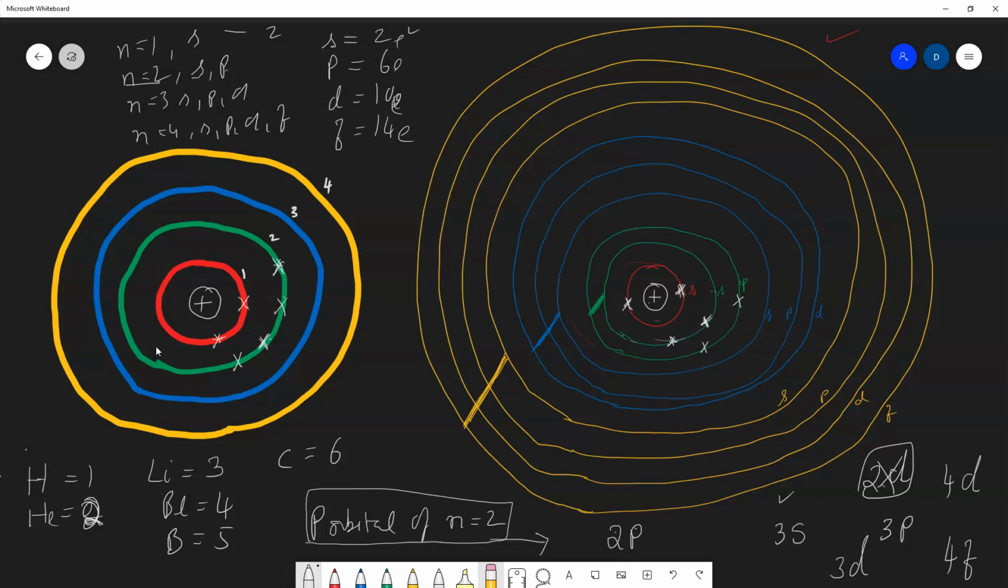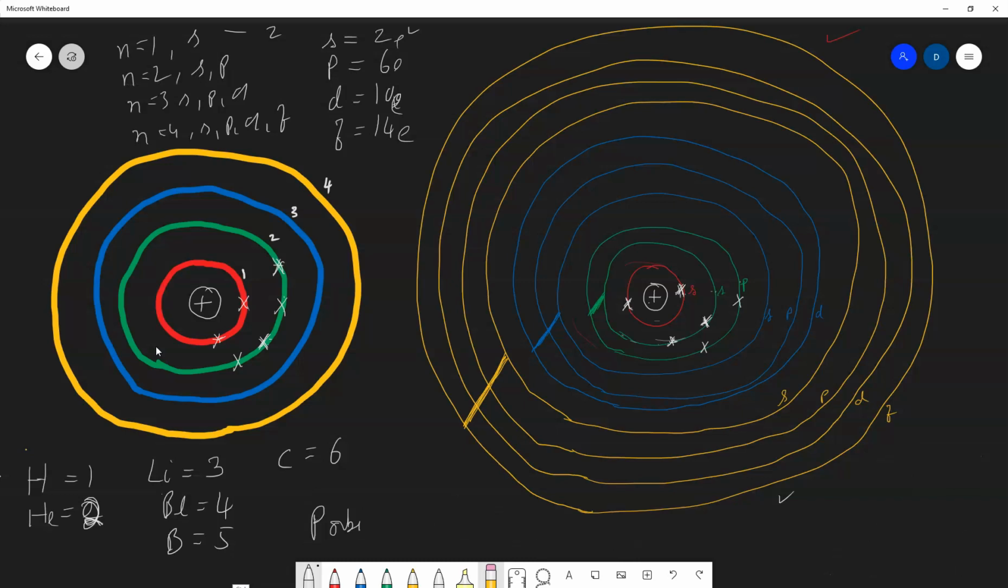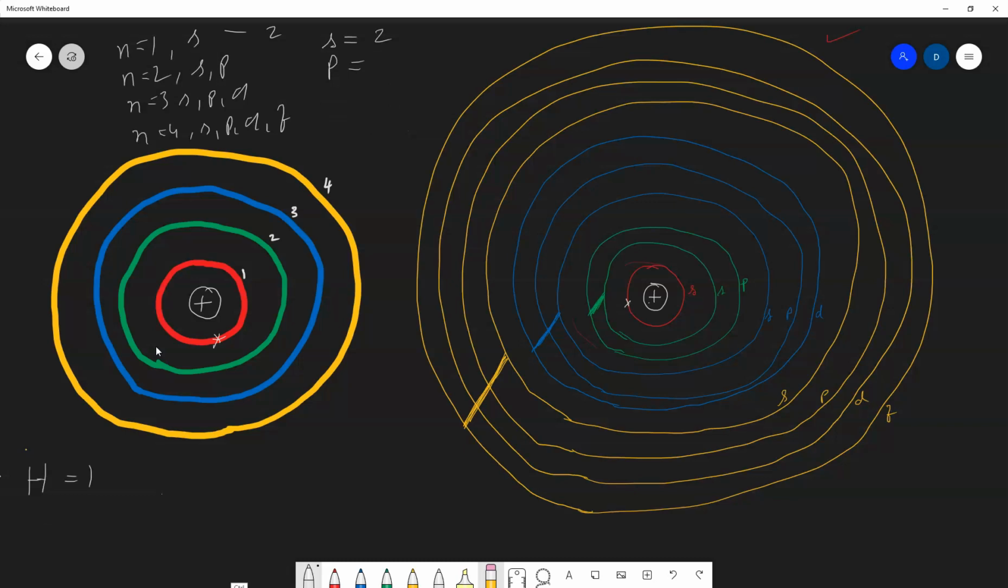I'll take one more example, phosphorus. Phosphorus has 15 electrons.